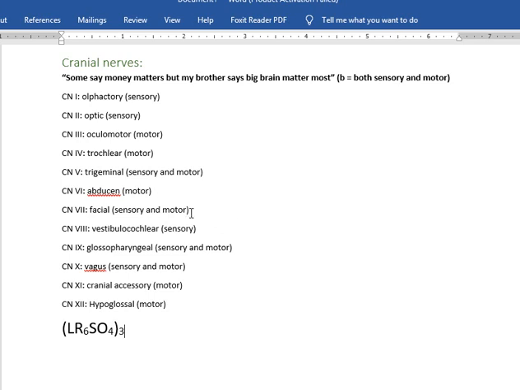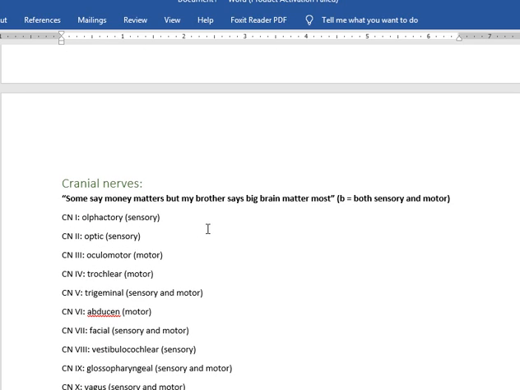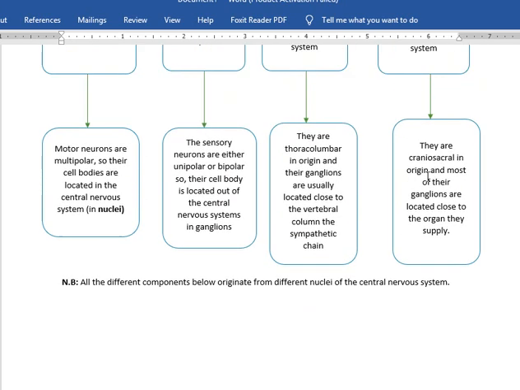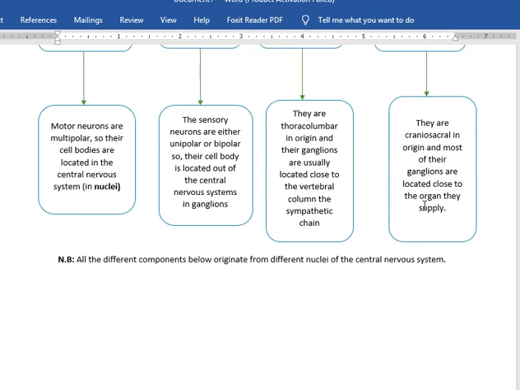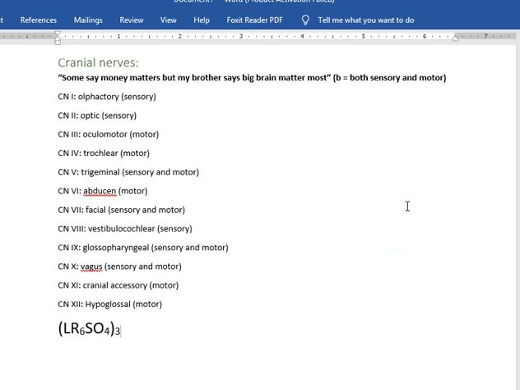Now, we initially said that the parasympathetic fibers have ganglia, and their ganglia are close to the organs involved. So here it forms a ganglion close to the submandibular gland, and that ganglion is called the submandibular ganglion. So the ganglion formed due to the parasympathetic supply of the facial nerve to the submandibular gland is the submandibular ganglion.